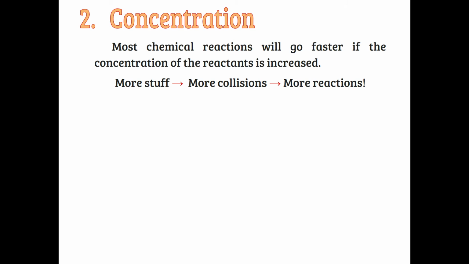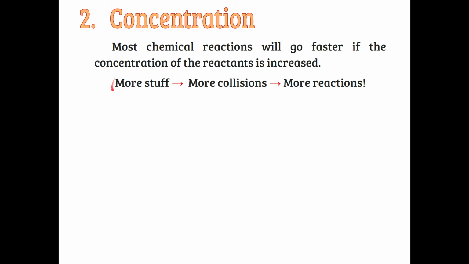Now, let's talk about concentration. Most chemical reactions will go faster if the concentration of reactants is increased. And if you think about it in terms of collision theory, you will see that it's a little bit self-explanatory. When we increase the concentration of reactants, we pretty much increase the number of particles.